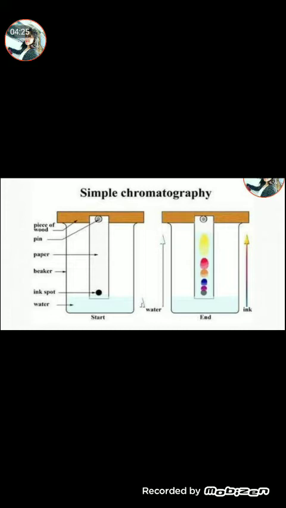We can separate different types of color from natural pigments also, and this process is used for separation of drugs from blood, because the drug is the denser substance and blood is the less soluble substance. So we can separate the different types of substances in such a way.